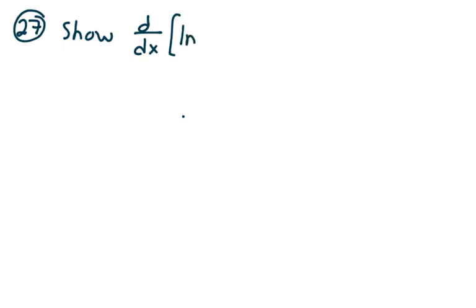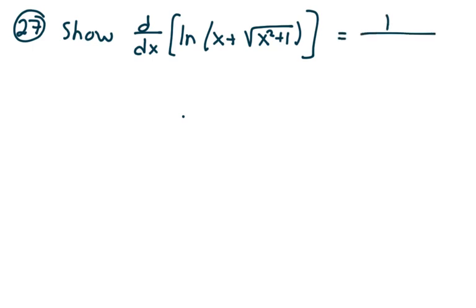Let's take a look at 27. And 27 says to show that the derivative of natural log of x plus the square root of x squared plus 1 with respect to x is 1 divided by the square root of x squared plus 1.